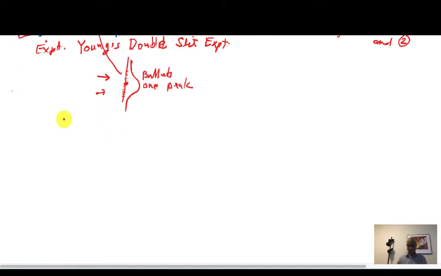So let me do some kind of proof or calculation of what to expect. For our calculation, we take two simple waves and see what we should expect.